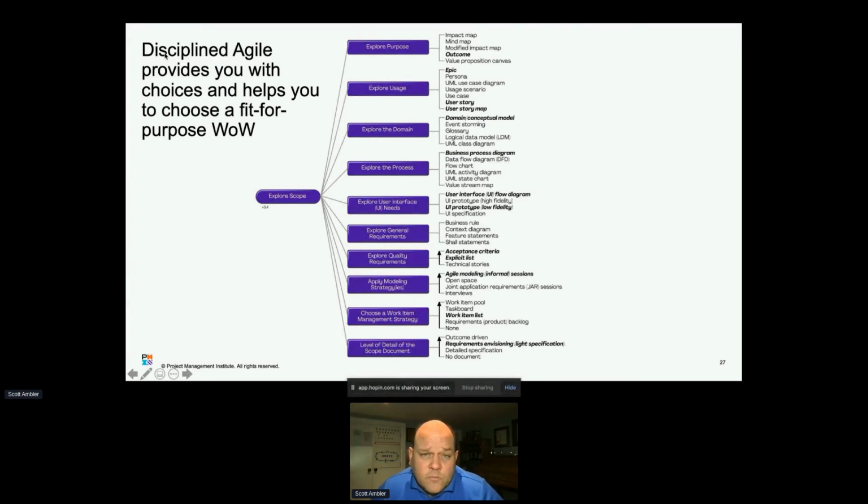For each of the decision points, such as Explore Usage, there are multiple options. There are different approaches that you can take to explore usage. Each of those options, each of those practices or strategies, as the case may be, has advantages and disadvantages. There is no such thing as a best practice. That is marketing rhetoric. It's an observably false premise. For a practice to be best, it should work in all situations, and it doesn't.